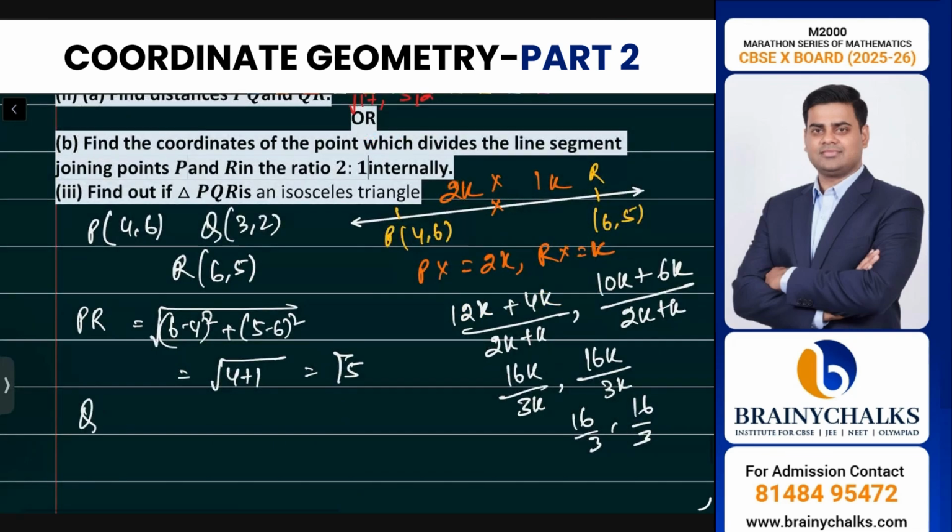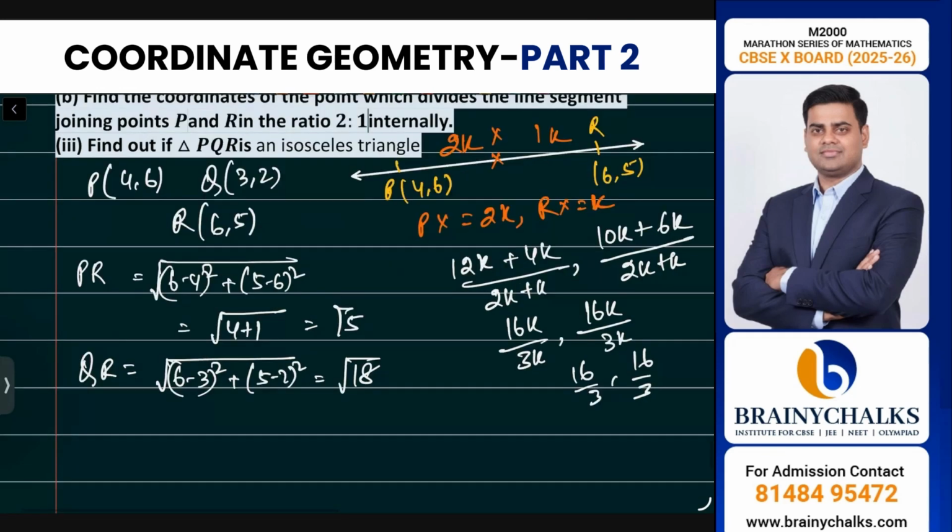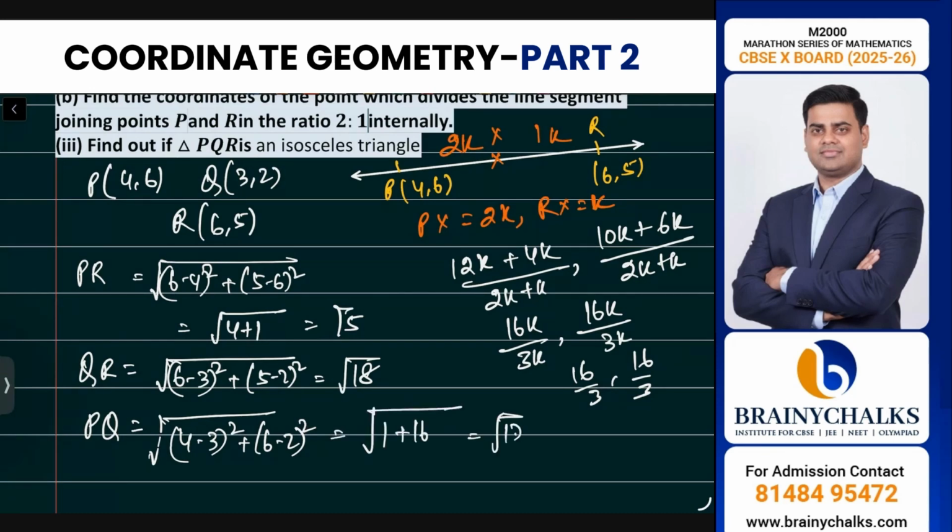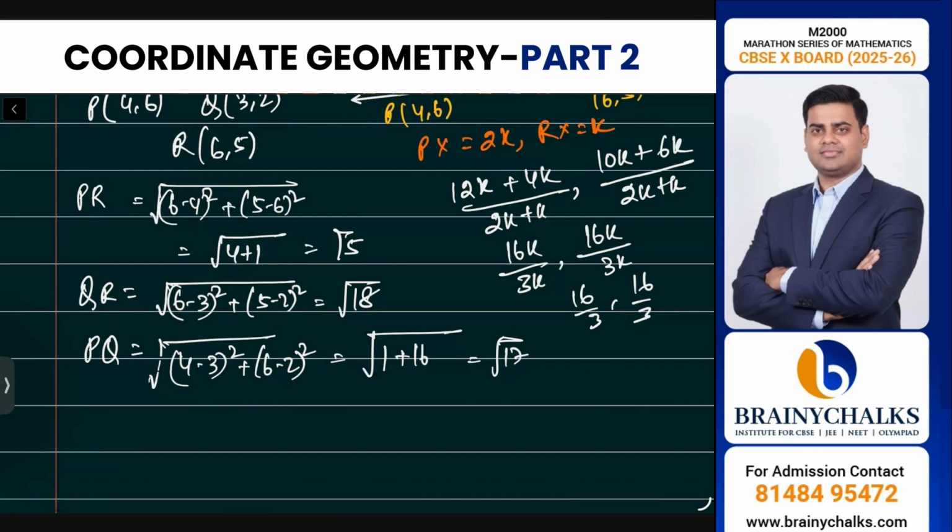If you take QR, it is 6 minus 3 the whole square plus 5 minus 2 the whole square. So 3 square 9, 9 plus 9, root 18. Then PQ is root under 4 minus 3 the whole square plus 6 minus 2 the whole square, equal to root under 1 plus 4. All three sides are not the same. Yes, it is a scalene triangle. It is not an isosceles triangle.